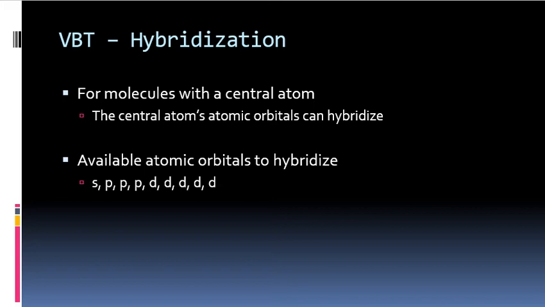Now, the central atom essentially has its s orbital, its 3 p orbitals, and its 5 d orbitals that it can overlap in some way to allow it to bond to other atoms.